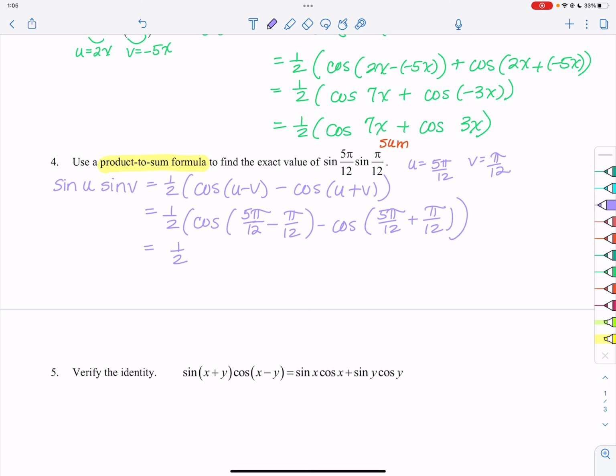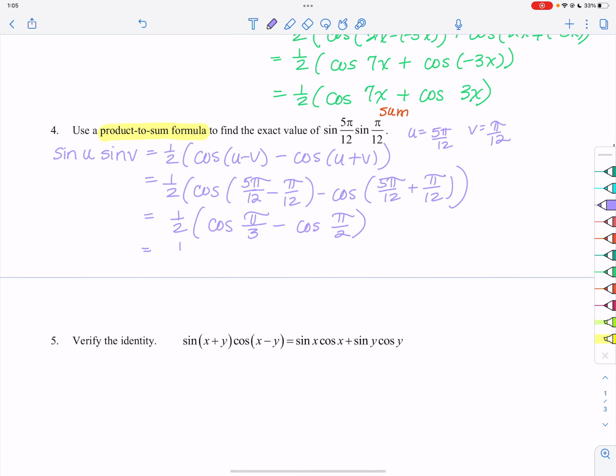And that's equal to 1/2 times the cosine of 4 pi over 12, which is pi over 3, minus the cosine of 6 pi over 12, which is pi over 2. And that's equal to 1/2 multiplied by 1/2 minus 0, and we come up with 1/4.